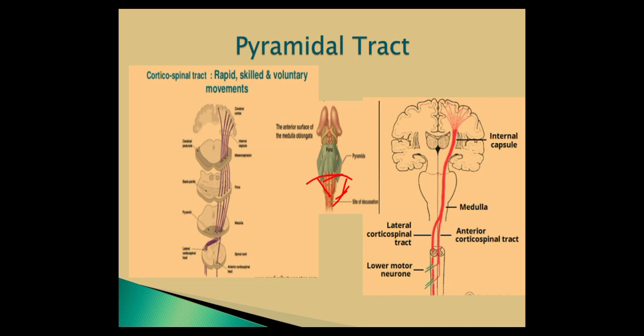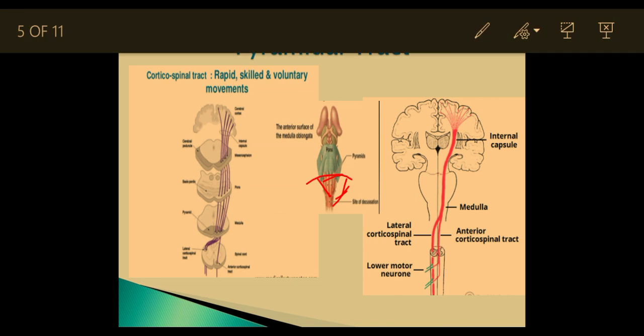Another 30% of the fibers originate from the premotor area, and the remaining 40% originate from the somatosensory area of the cortex. So this is the cortex, from which the major cortical or pyramidal tract fibers take origin.